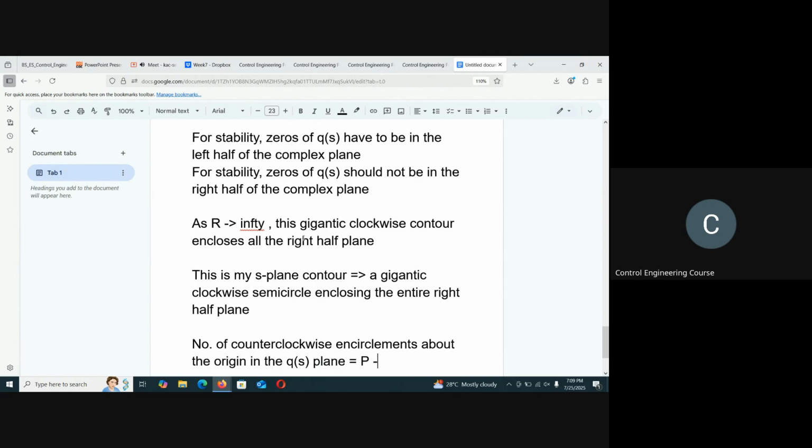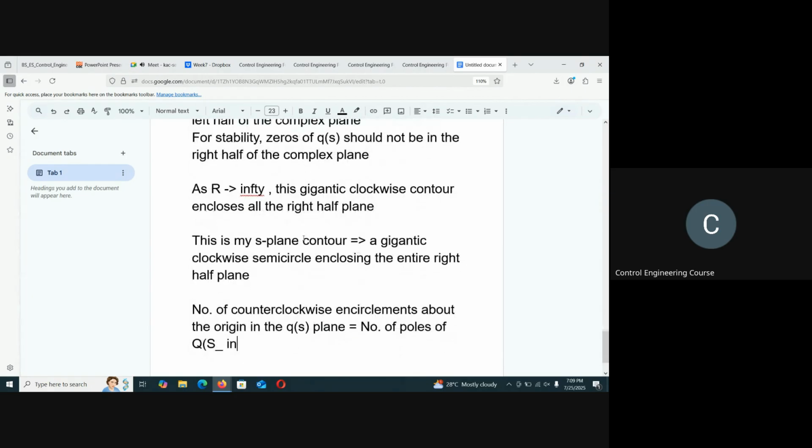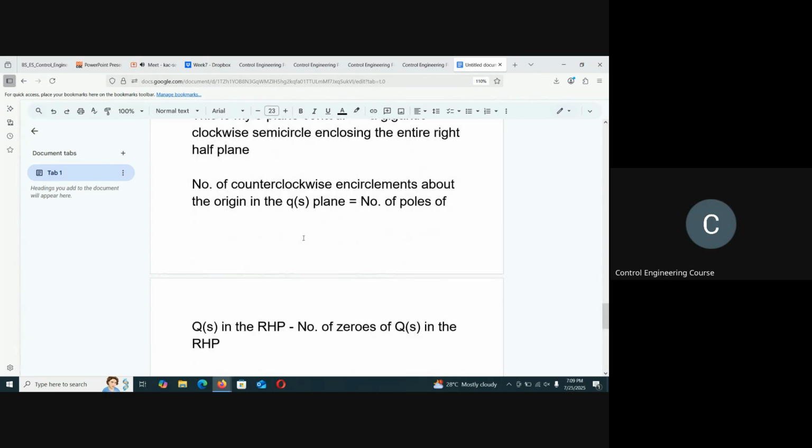It will be P minus Z, right? The number of poles of Q of S in the right half plane minus the number of zeros of Q of S in the right half plane, correct? Do you agree?